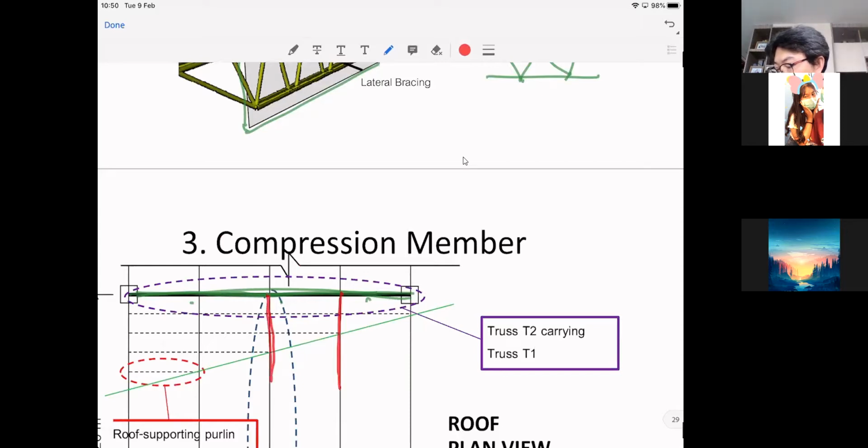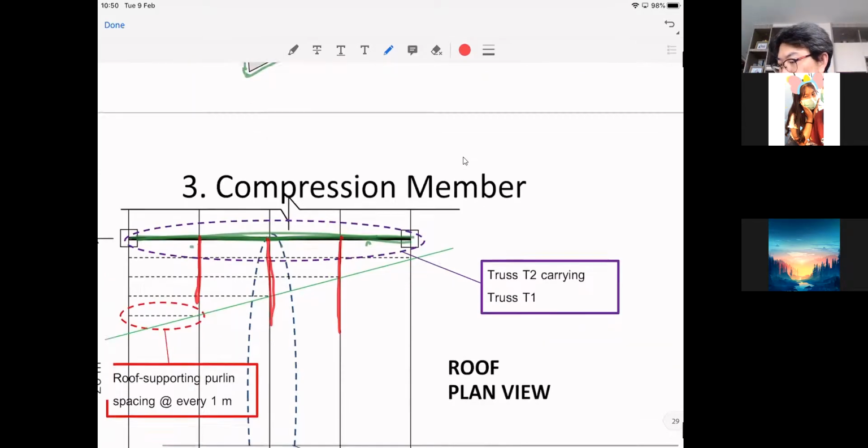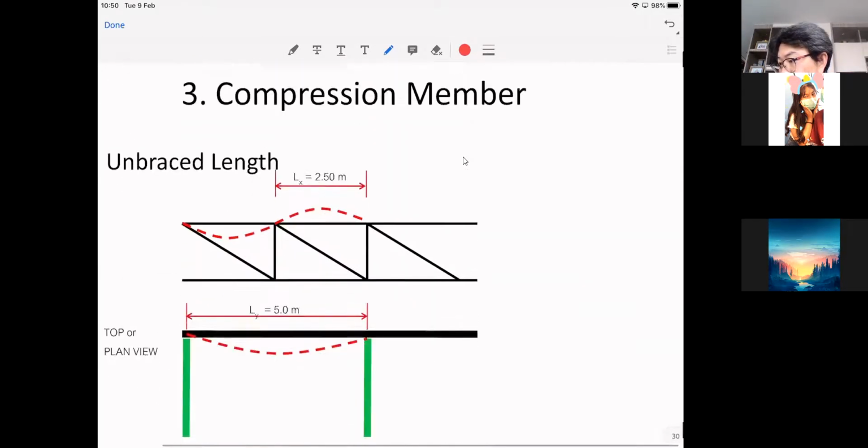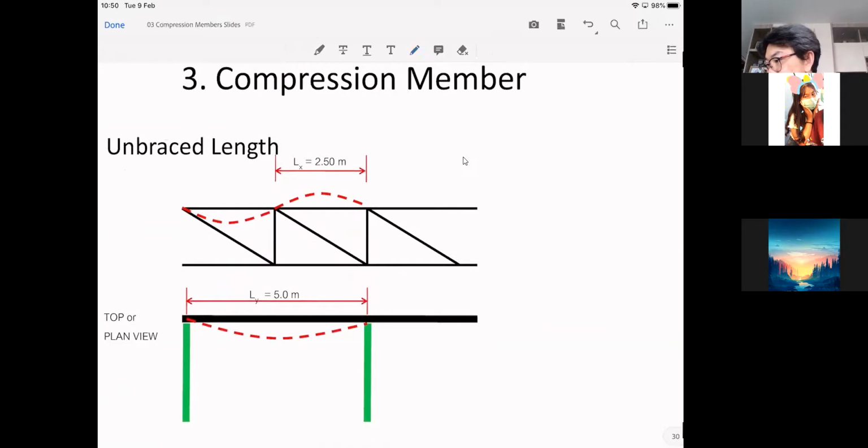So when you look at the green truss now, it has only the red truss coming in. The green truss does not support any purlin. So if you look at the picture of the green truss, this is the green truss that you see from the previous plan.